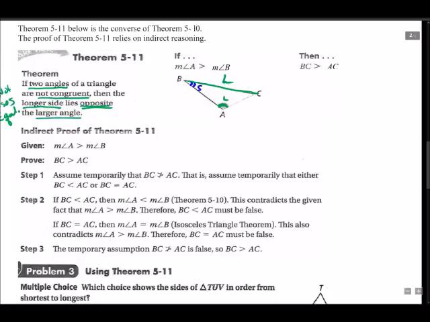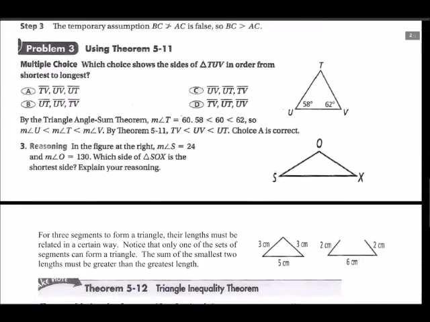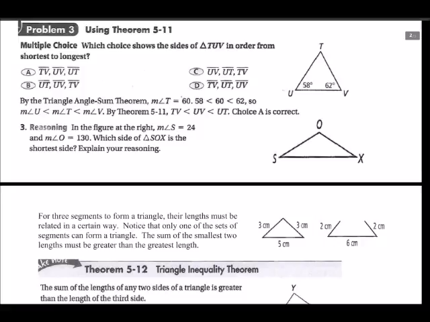And angle B is our small angle, so this is our small side. So we can say the length of segment BC is greater than the length of segment AC. So what we just did, only going the other direction. And you can read through the proof here if you would like to, but I know you believe me.